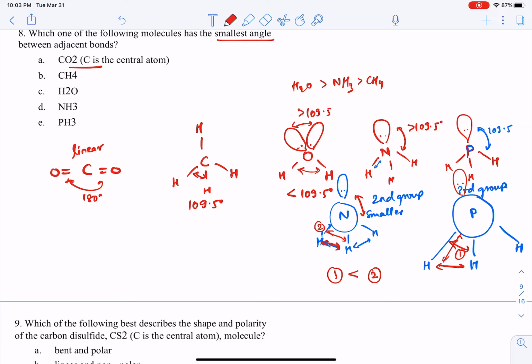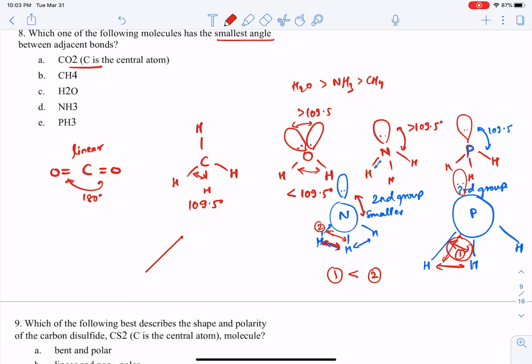Why I'm saying that, it's simple geometry. For example, I make a center point, and as I said, the repulsion between H and H in N would be bigger compared to H and H in P. Because of that, the angle here in this one is smaller compared to the H repulsion in N. So it's something like this.